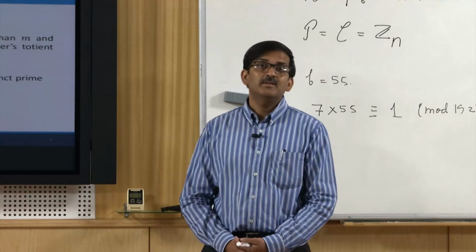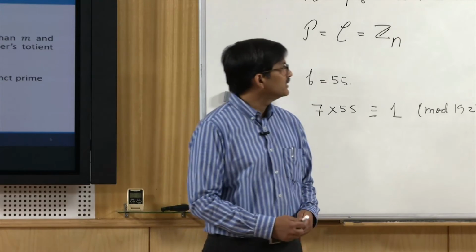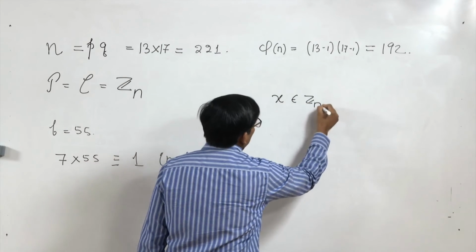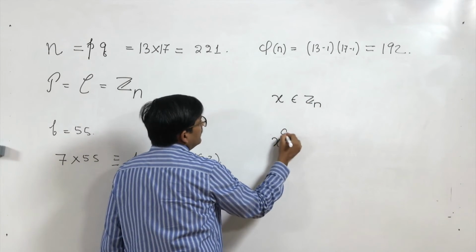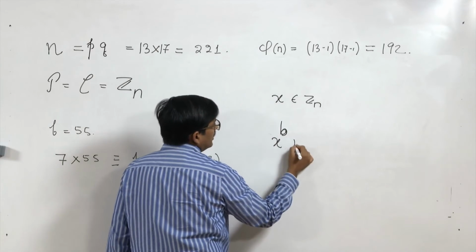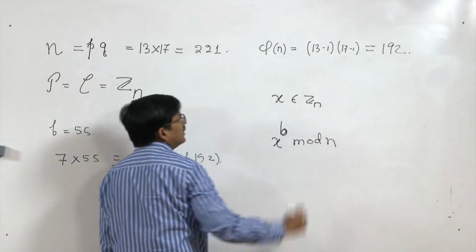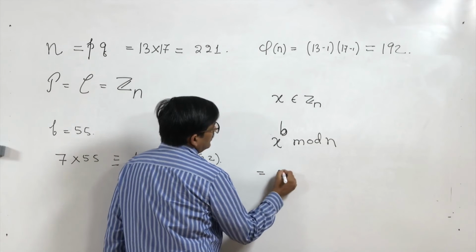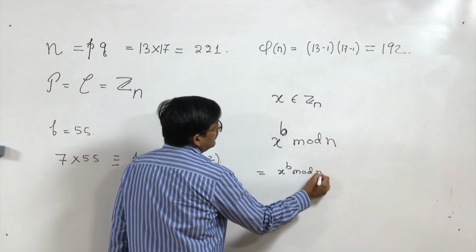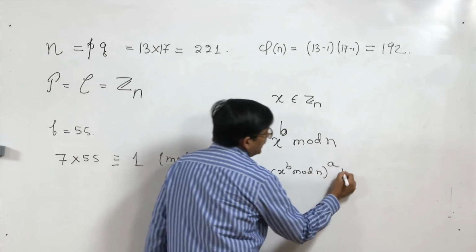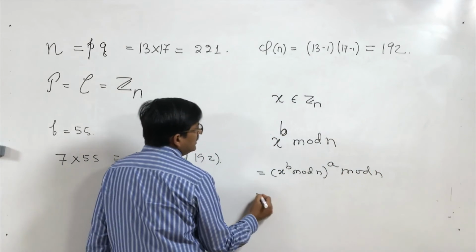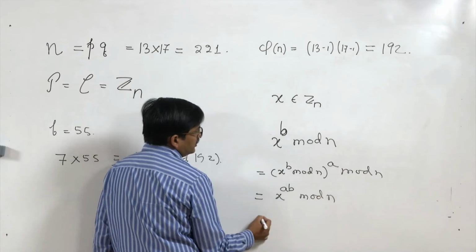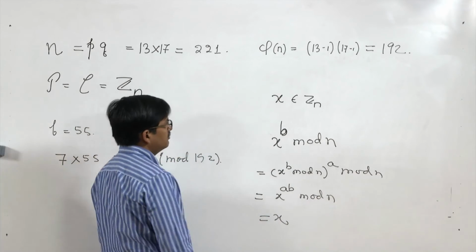For that we have to show that given any x inside Z sub n, if I first raise it to the power b and take mod n, and then raise it to the power a, then again take mod n, this is going to be x to the power a into b mod n, and I want to show that it is equal to x always.